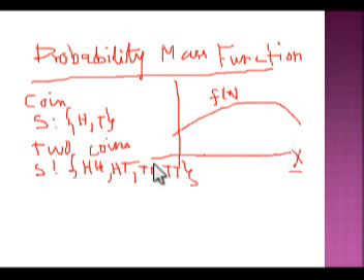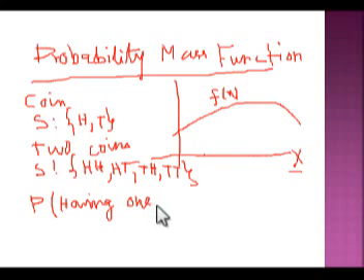So here, the probability of having at least one head: there are three outcomes.